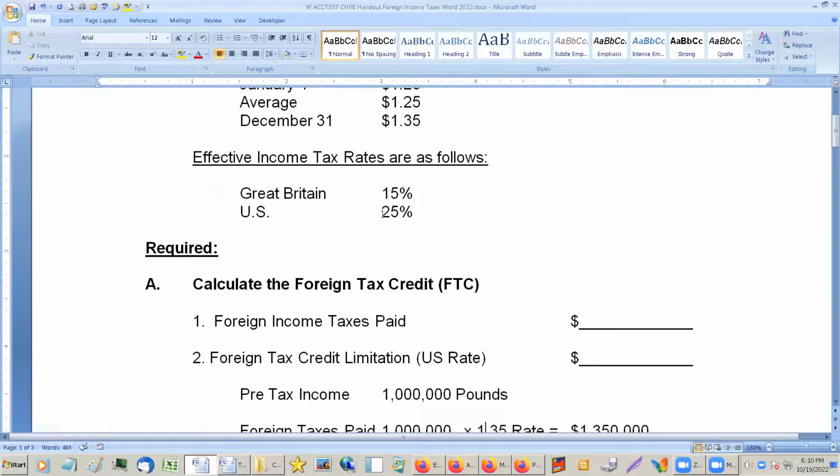I come back up here. 15% times 1 million pounds equals 150,000 pounds.